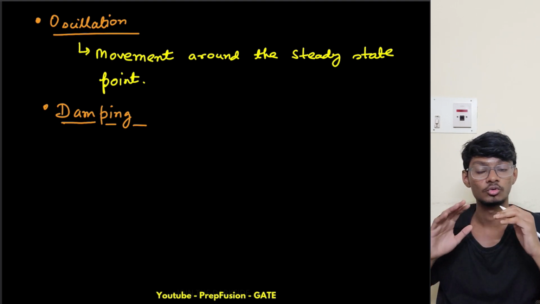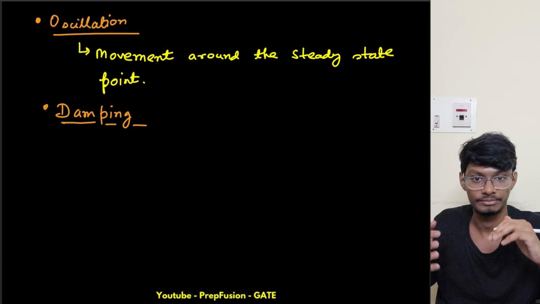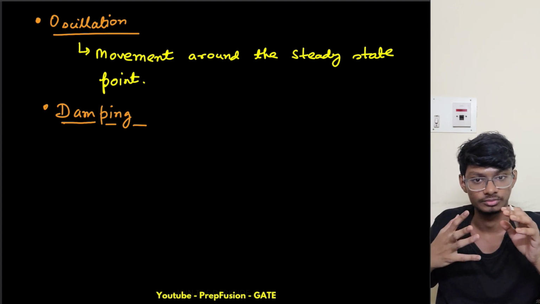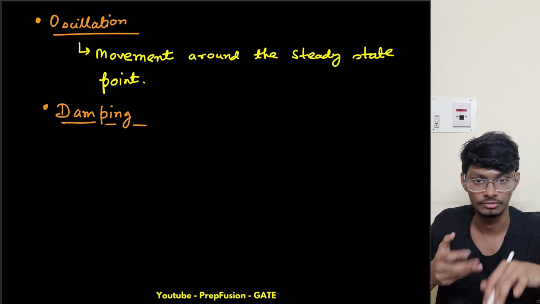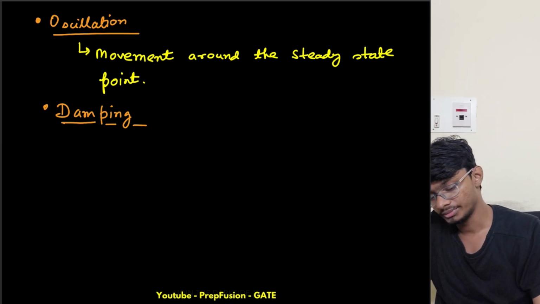That's why you may not want too many oscillations, but you also do not want too much damping, because that will slow down your response, as we saw in overdamped. So that is the idea basically. What is damping?